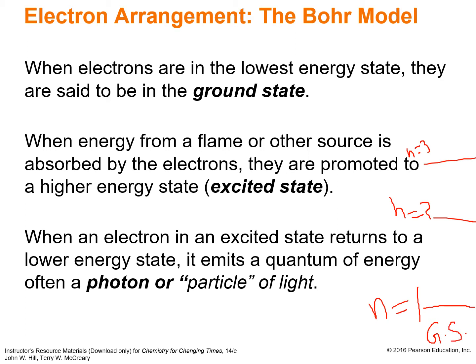Now, if the electron is jumping from n equal to 1 to n equal to 2, then n equal to 2 will be referred to as the excited state. I'm just writing short forms here. And if that electron is coming back, releasing or emitting that energy, it is referred to as a photon, or a particle of light. That quantum of energy is referred to as a photon.